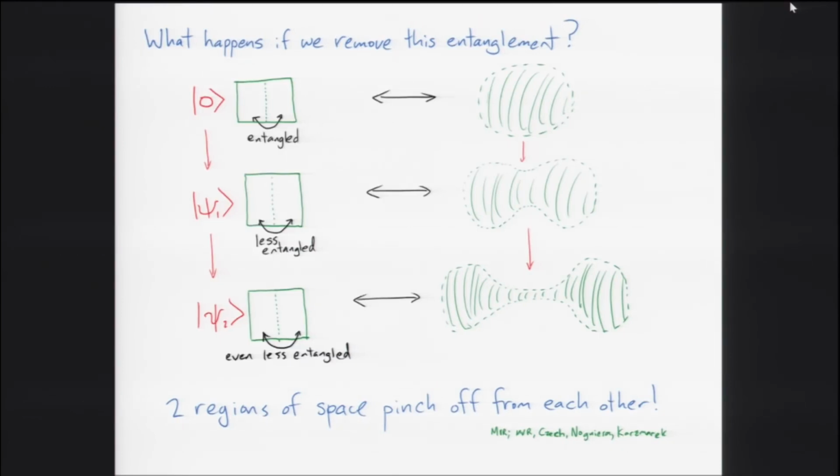You change the state so that now there's a little bit less entanglement between here and here than there used to be, and here there's even less. I tried to think about what would happen on the gravity side using whatever tools were available. And what seemed to happen was that you had this big empty spacetime, but as you remove entanglement, it just starts to deform itself.